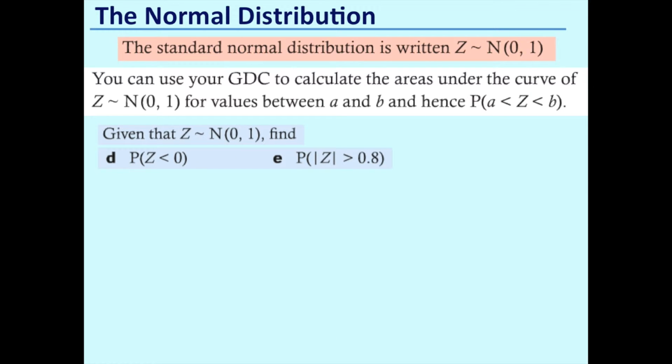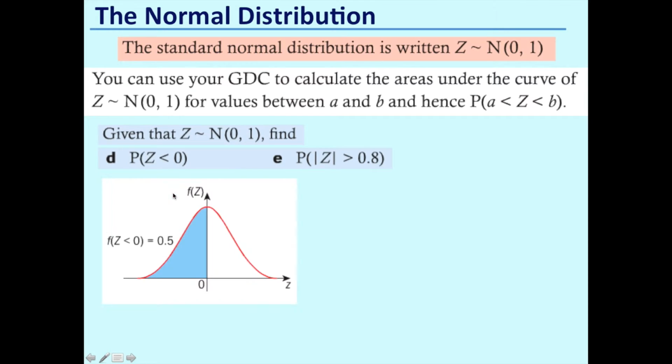D is fairly straightforward. If we've got a standard normal distribution, then the mean is 0. So the probability that z is less than 0 should intuitively be 50% or 0.5. The modulus is a little bit harder. The easiest way to work this out is if we are trying to find the probability that the modulus of z is greater than 0.8, that's in effect everything except the probability that the modulus of z is less than 0.8.